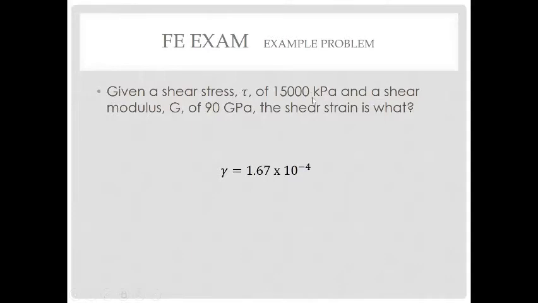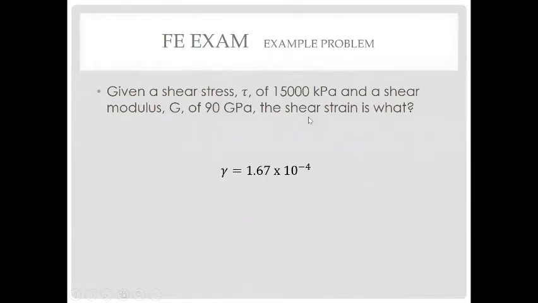They give you 15,000 kilopascals and a modulus of 90 gigapascals, and they just want to make sure you're paying attention, because they're probably going to give you an answer where they did not do anything with the units. Therefore, if you're not paying attention to the units, you're going to get it wrong.